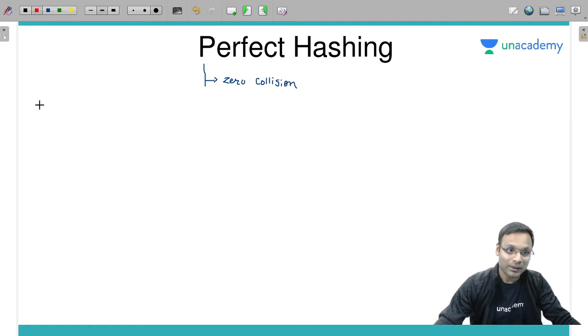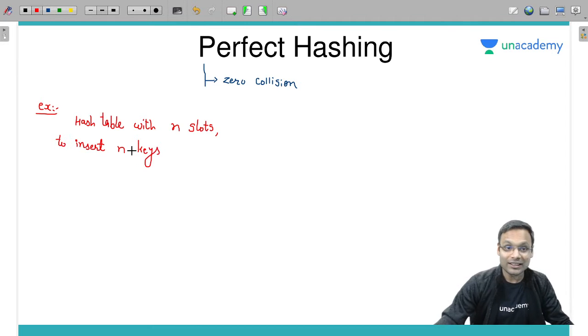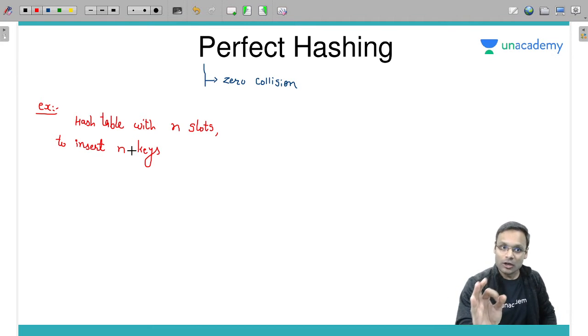Suppose for example we have a hash table with n number of slots and we need to insert n keys. Total n slots, total n number of keys.